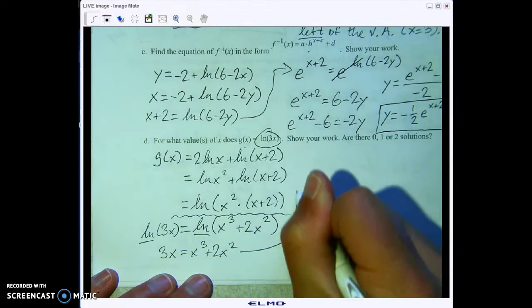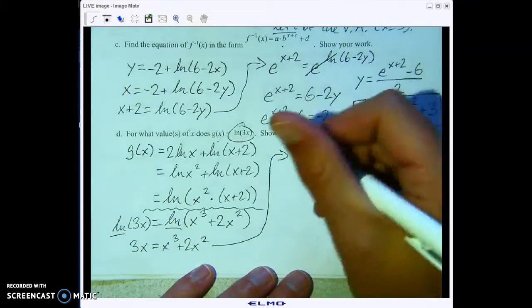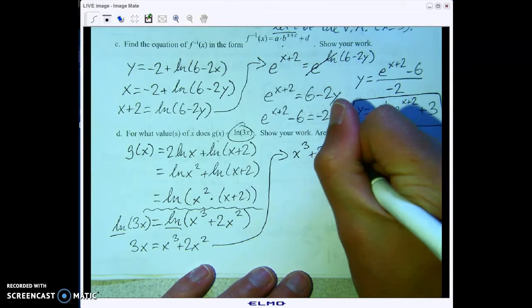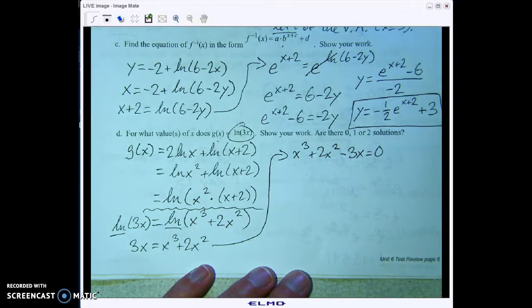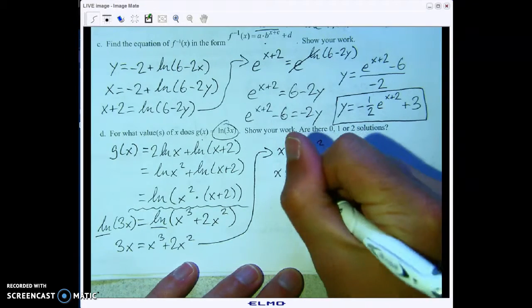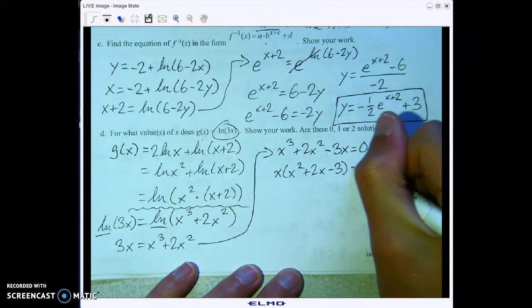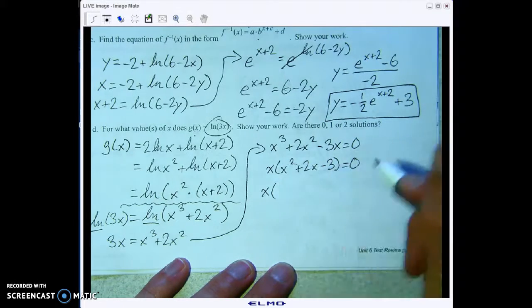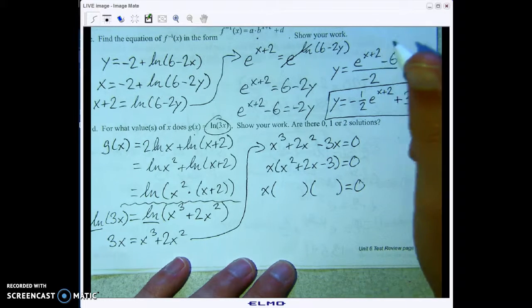And now I'm going to bring it up here for some more space. Of course, to solve that, I want to get 0 on one side of the equation, so I'll have x cubed plus 2x squared minus 3x is equal to 0, which allows me to factor an x out, and I'd have x times x squared plus 2x minus 3 is equal to 0, which means I need to factor. So we're going to have x times one expression times another expression is equal to 0.